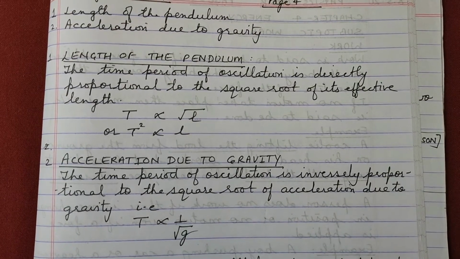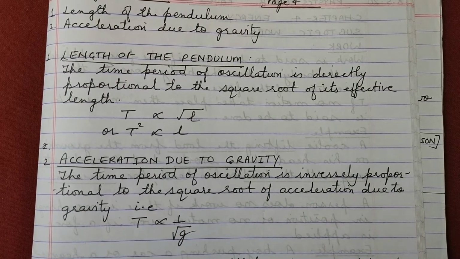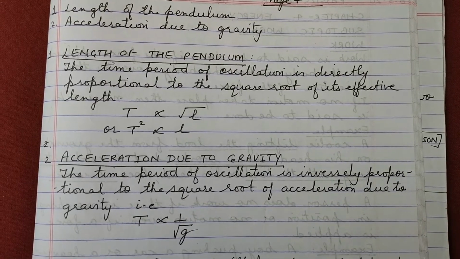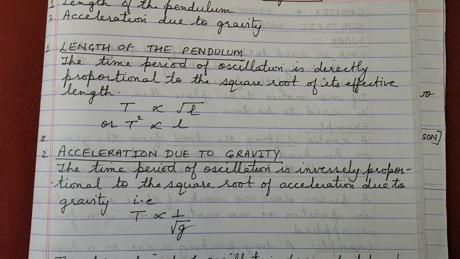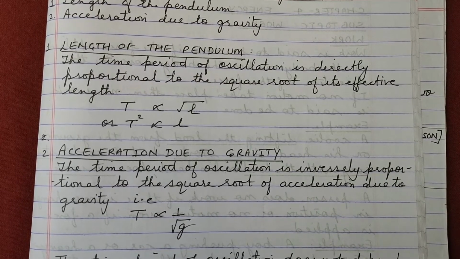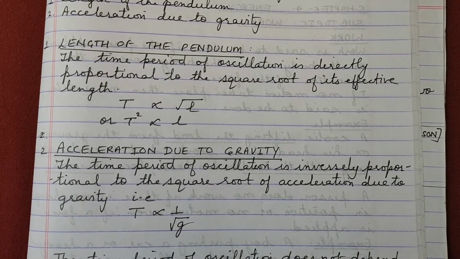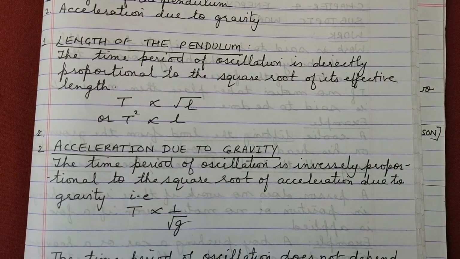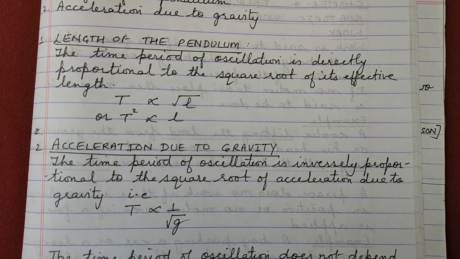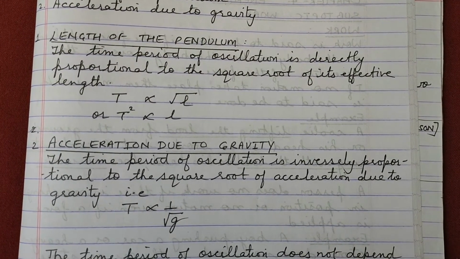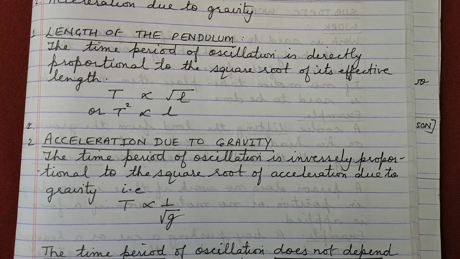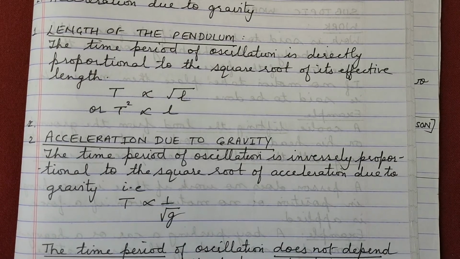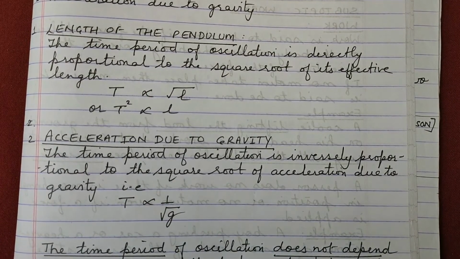If you are asked to explain how these factors affect the time period of a simple pendulum, then you give the explanation: the time period of oscillation is directly proportional to the square root of its effective length, which means T is proportional to square root of L, or if I square both the sides, T square is proportional to length.